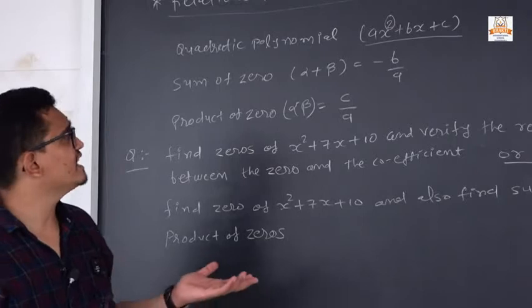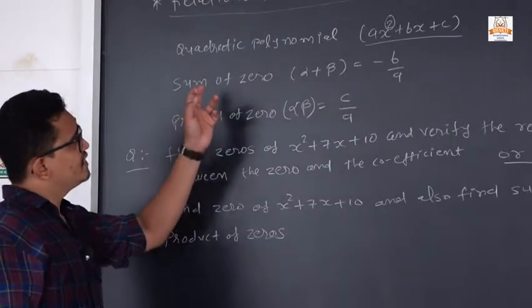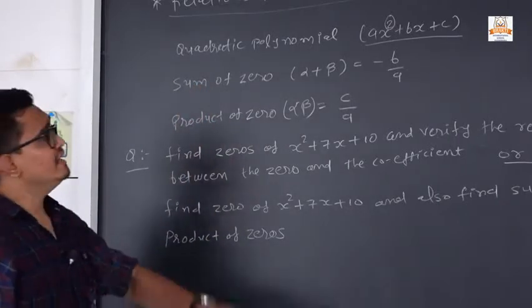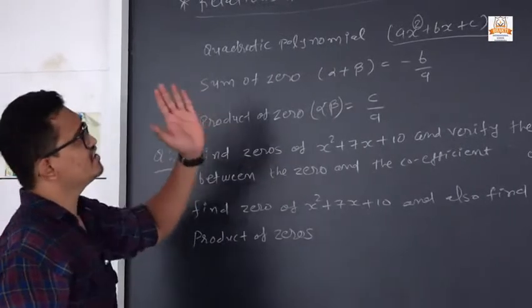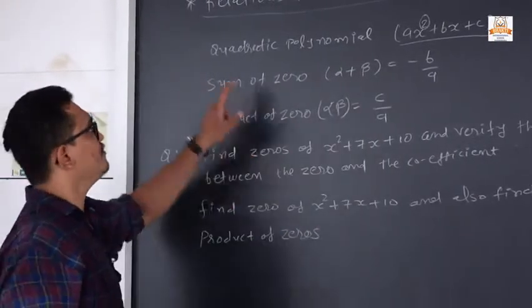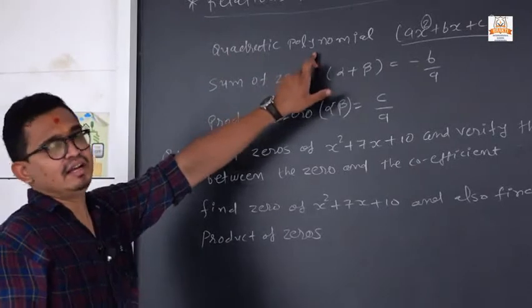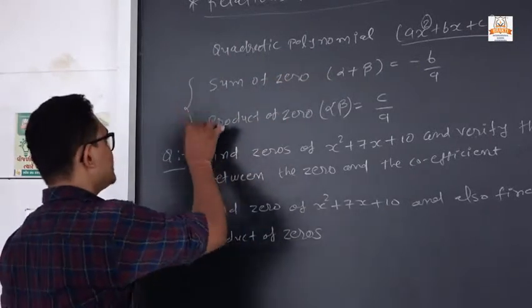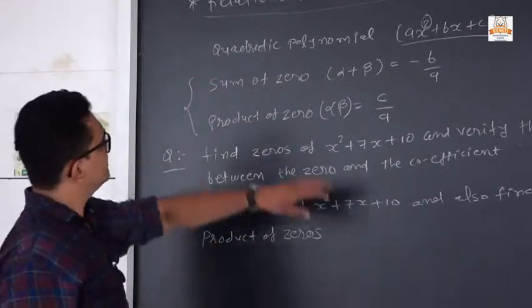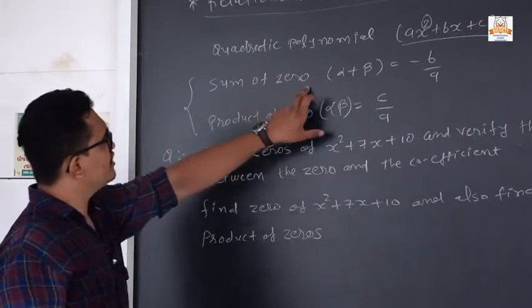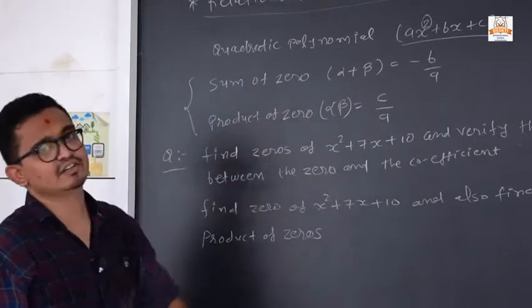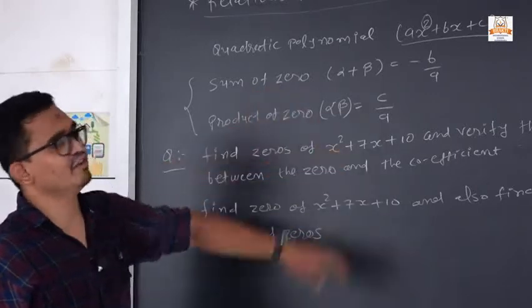Last time we already discussed that, but now our next step is this. If they ask to find the relationship between zeros and the coefficients of a quadratic polynomial, you need to use 2 formulas. Which ones? First, the sum of zeros, and second, the product of zeros.